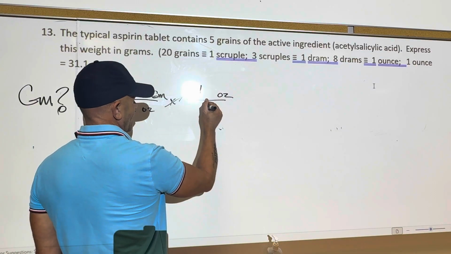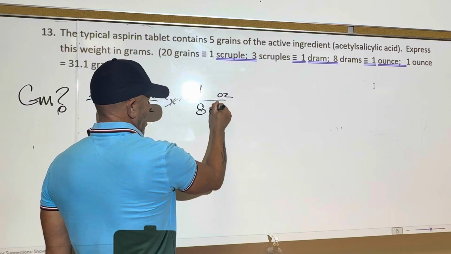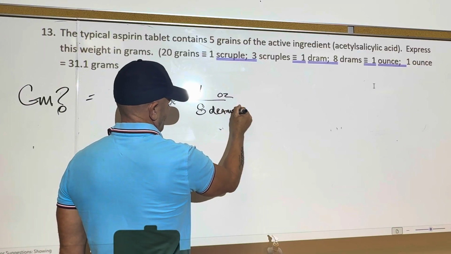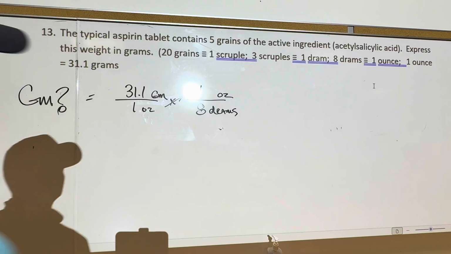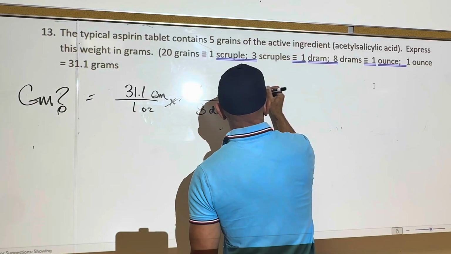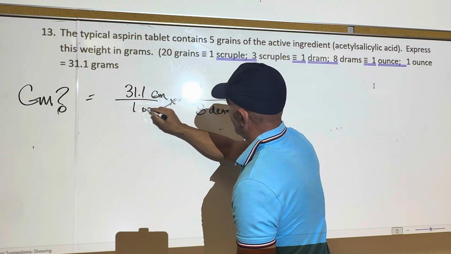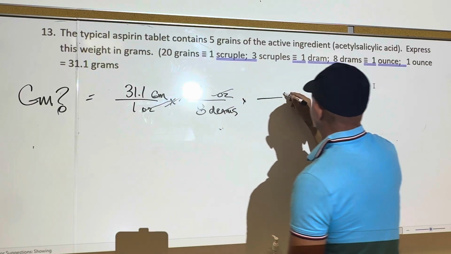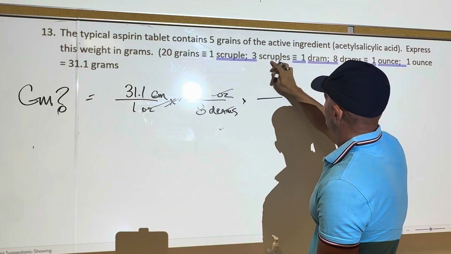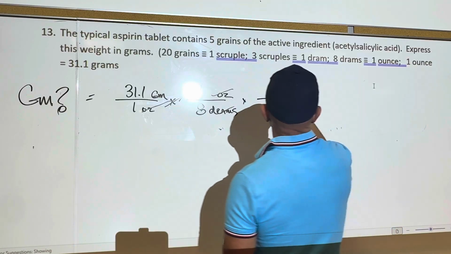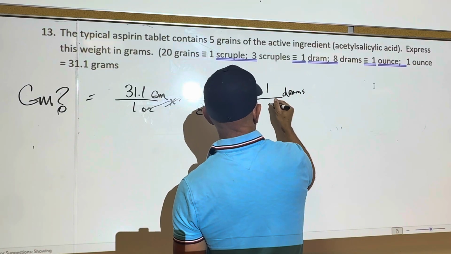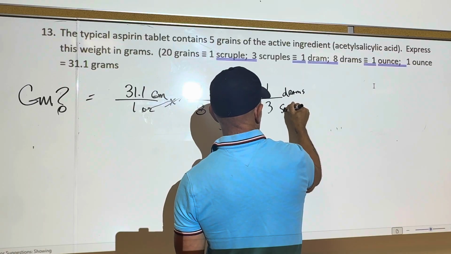So 1 ounce equals 8 drams. Okay? Then we go, what do we put here? We know we're bringing it up, drams. What's here? Well, we have 1 dram equals 3 scruples. So there's your drams. Is 1 dram, 3 scruples.